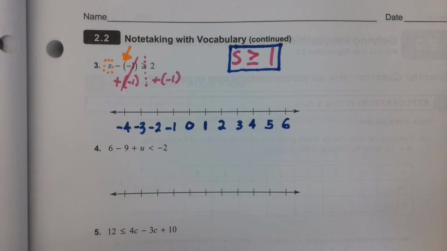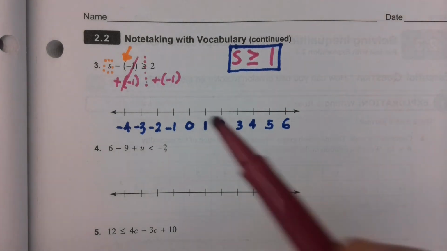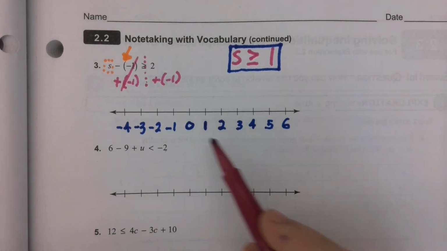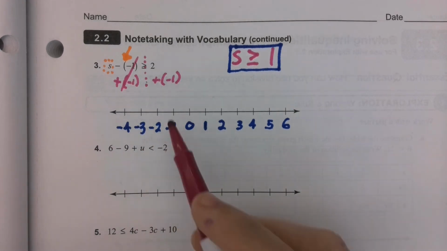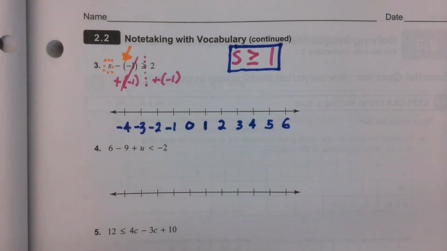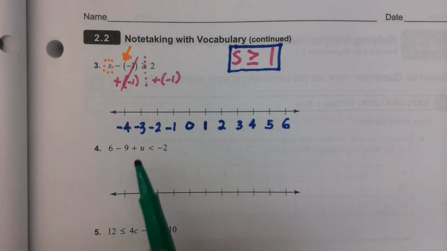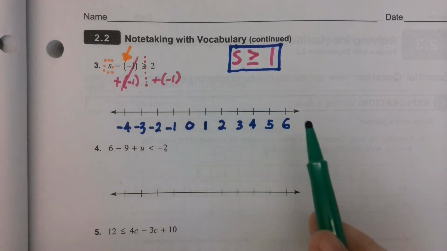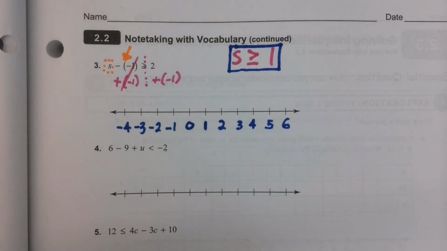What this means is that we always have to have our number lines facing the same way. If you were to have your negatives all the way over here and your positives all the way over here, your number line would be flipped and the arrow would point a different direction. To make sure that it's pointing in the right way, you need to make sure your numbers are going in chronological order from least to greatest.